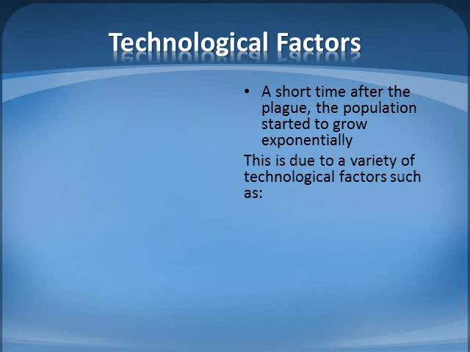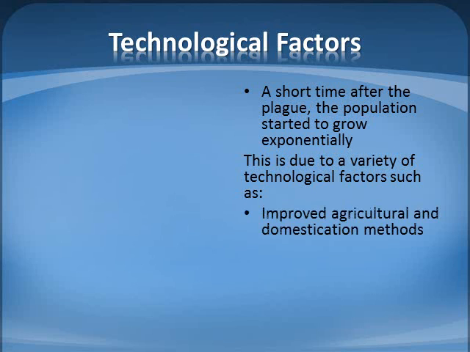All right, so just after the plague, our population grew very rapidly. So we started to hit the log phase, or the exponential growth phase of our population graph. And that's due to lots of reasons. We had so many people, I guess, if you want to look at it that way. We had some time to do some dividing of labor. Everybody wasn't just trying to survive.